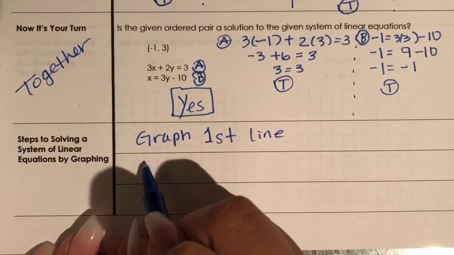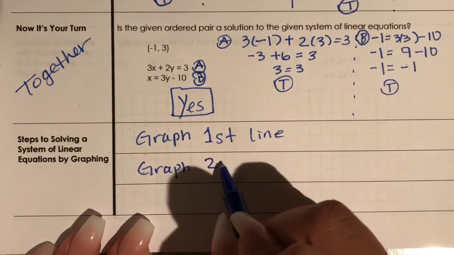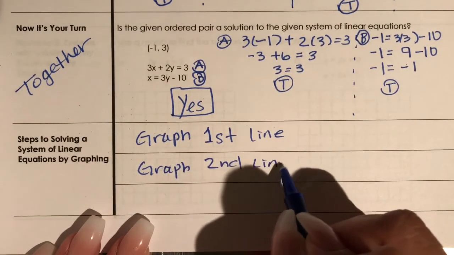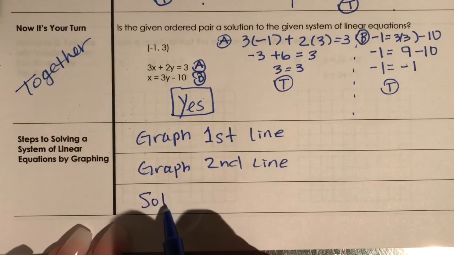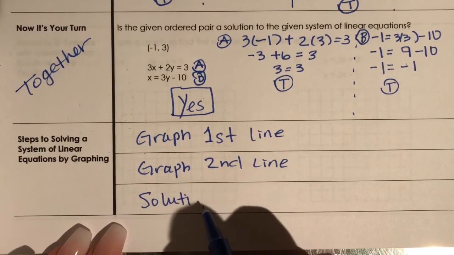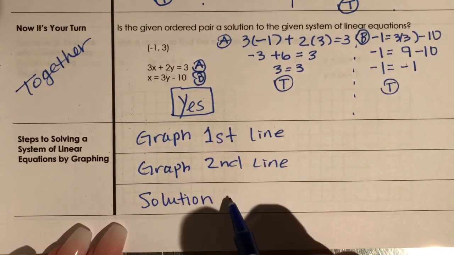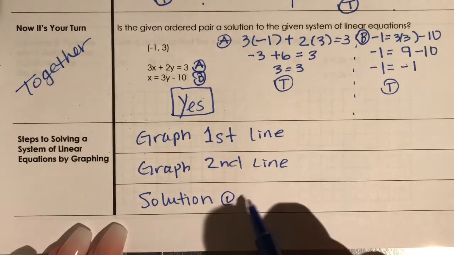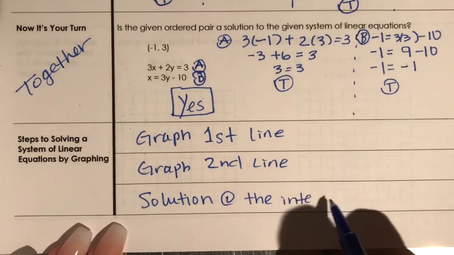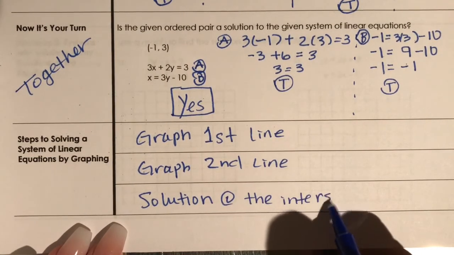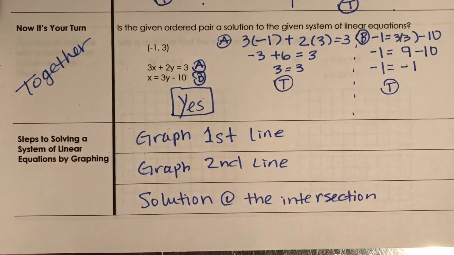The second step will be to graph the second line, and the last will be finding the solution at the intersection. Okay, that's where the lines cross.